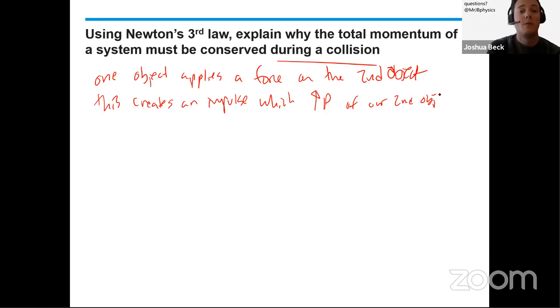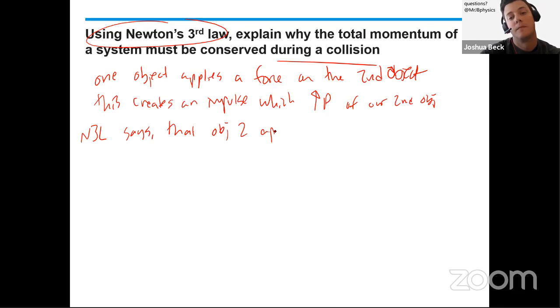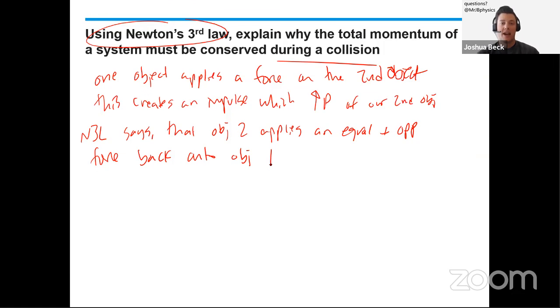But Newton's third law, we want to use Newton's third law, right? So Newton's third law says that object 2 applies an equal and opposite force back onto object 1. See, here's where we've got this third law reaction force.